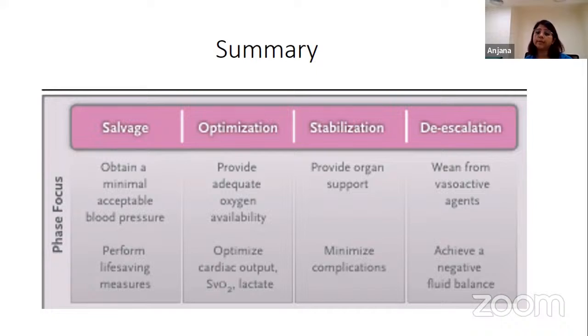So obtain an acceptable blood pressure, perform the life-saving measures, optimize your oxygen delivery, optimize your mean arterial pressure, optimize the cardiac output, look at the patient clinically in terms of end organ perfusion, provide the organ support, minimize your complications, and then when you have dealt with the cause of the shock, you have to de-escalate, wean the patient from the vasoactive agents, try to achieve a negative balance.